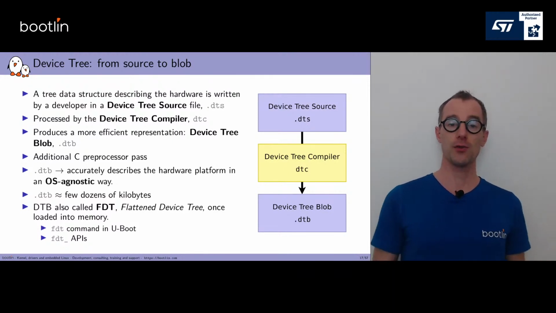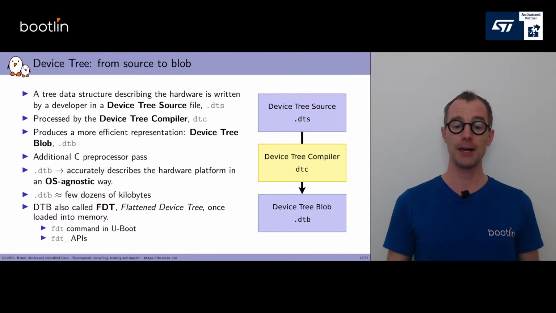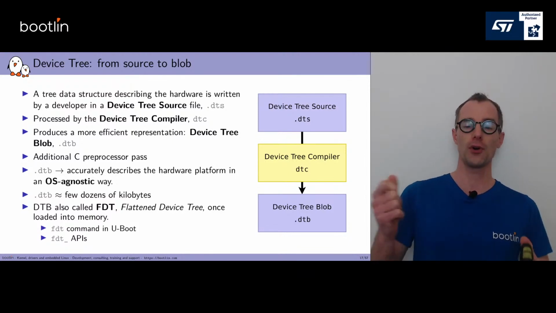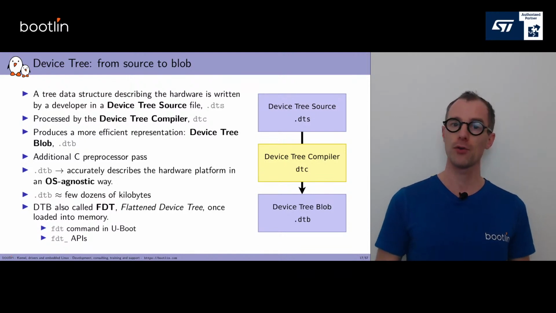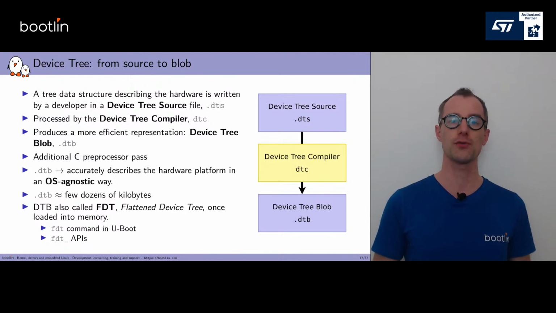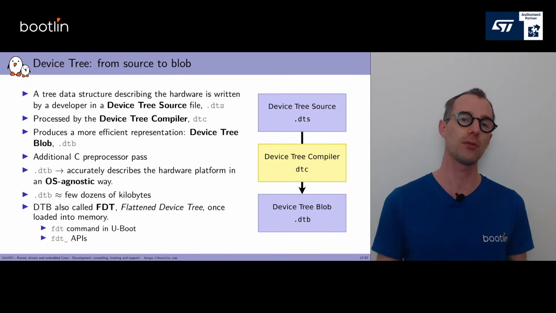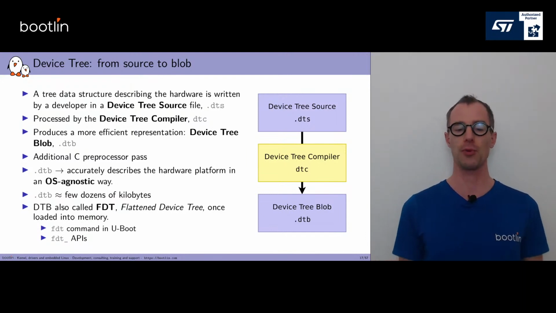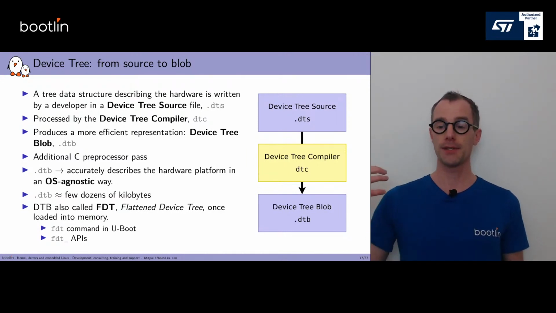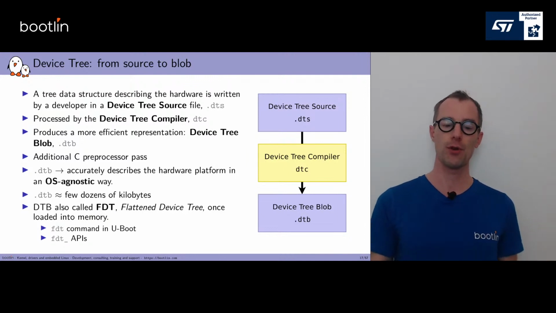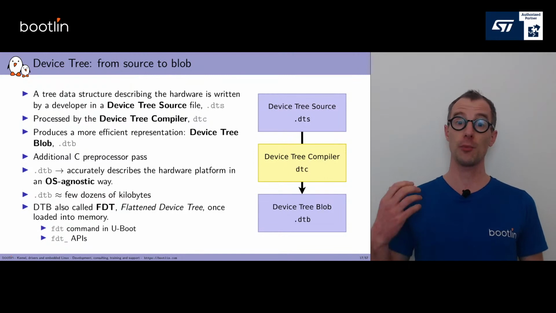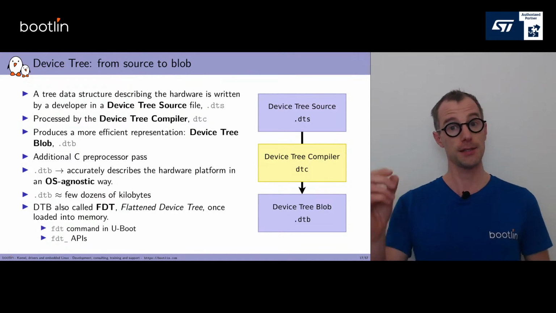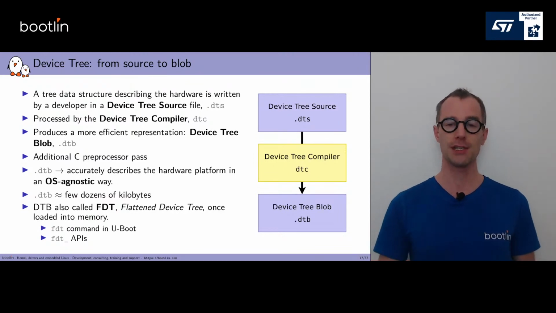There is an extra C preprocessor pass, in fact, that is done before DTC in most projects, so that we can use #define macros and use such macros to make the device tree more readable than using hard-coded values all over the place. And then this DTB that we get, device tree blob, is meant to accurately describe the hardware platform in an operating system agnostic way. So that is another key design principle of the device tree.